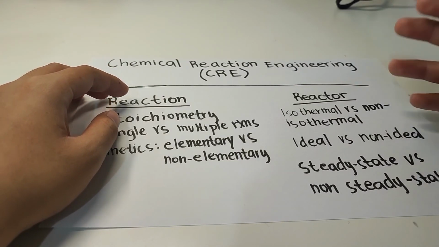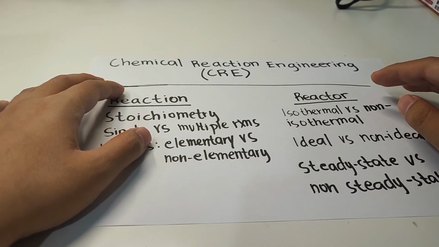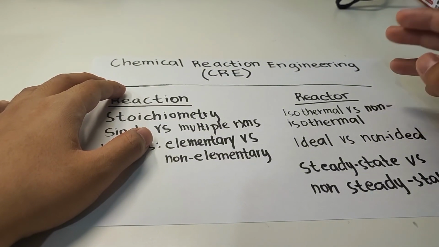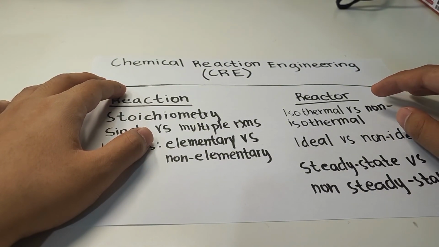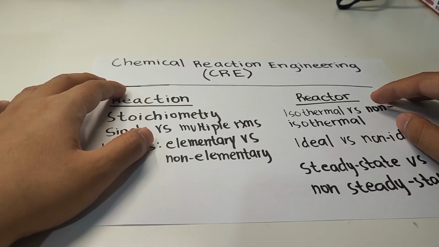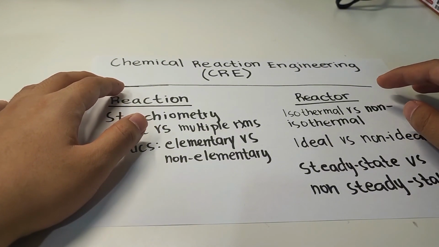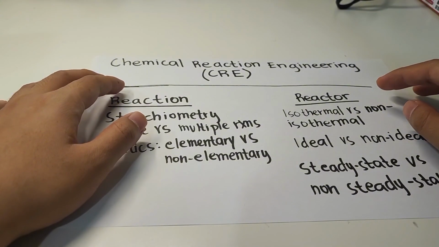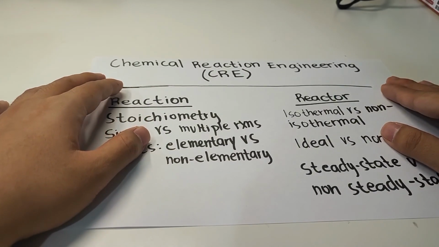Reactor design uses information, knowledge, and experience from a variety of areas: thermodynamics, chemical kinetics, fluid mechanics, heat and mass transfer, and economics. So CRE is a synthesis of all these factors with the aim of properly designing and understanding the chemical reactor.